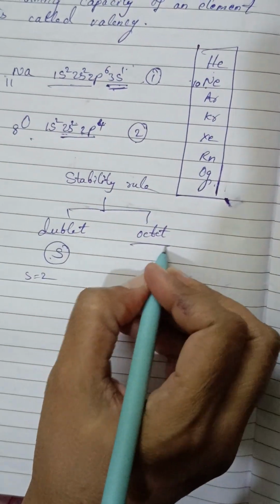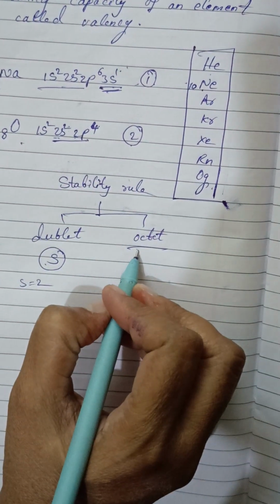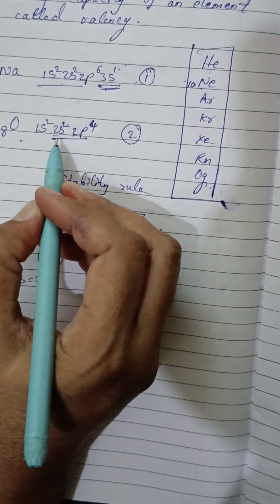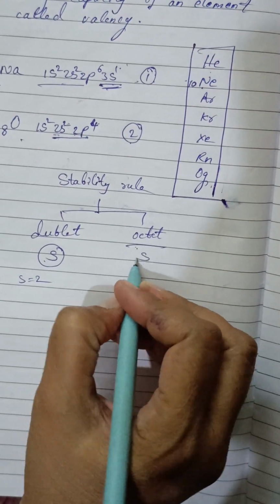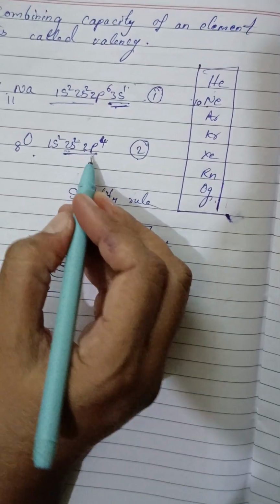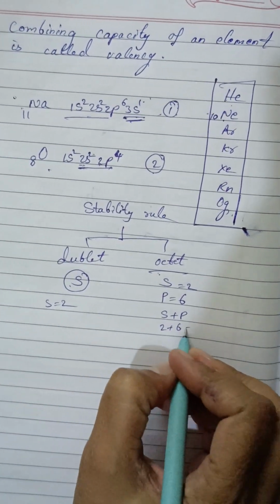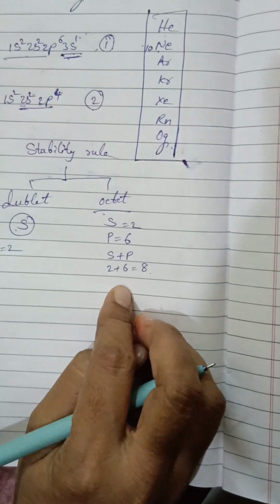Whenever there is a p orbital last, we follow the octet rule. That means we consider both s and p orbitals. In s there are 2 electrons, in p there are 6 electrons, so s plus p is 2 plus 6, equal to 8. This we always have to see.